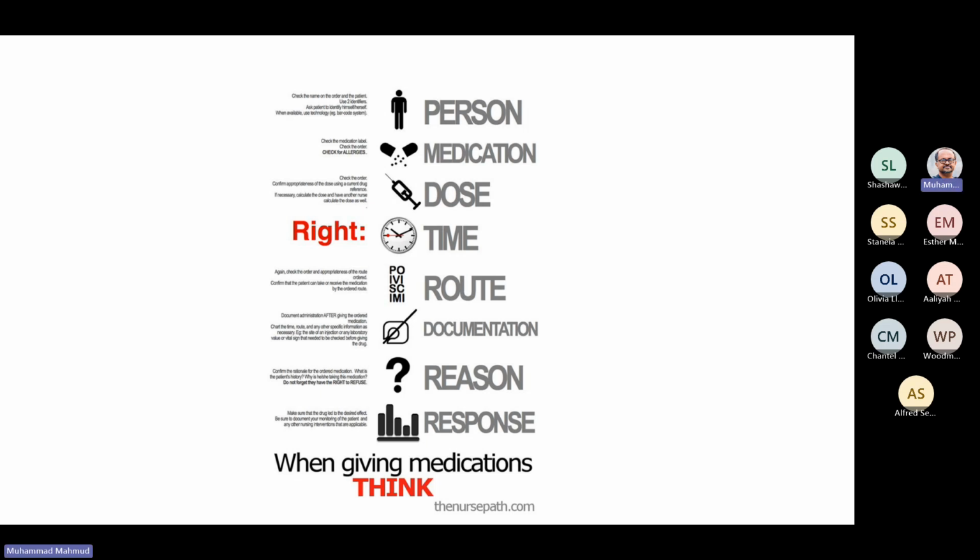Regarding right route of medications, per oral, subcutaneous, intravenous, say insulin has to be given subcutaneously, but the order says give it intramuscular or IV. That's very unusual, probably wrong. So this is what we have to mention. We have to find out exactly what the order is. You have to double check, triple check those medications.